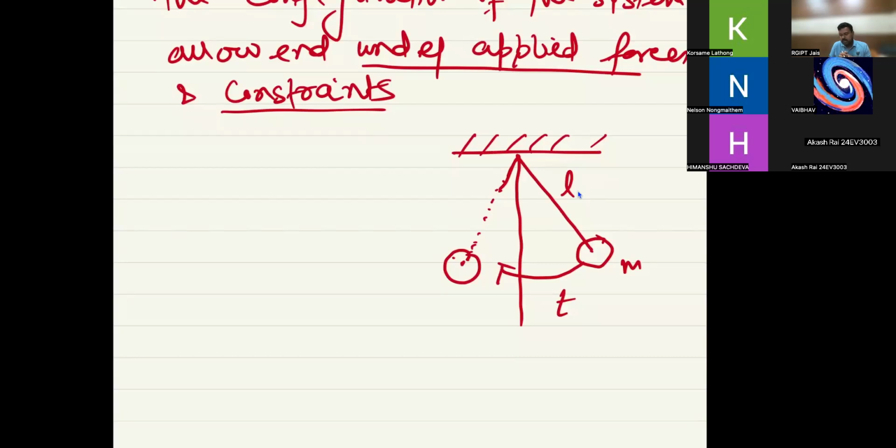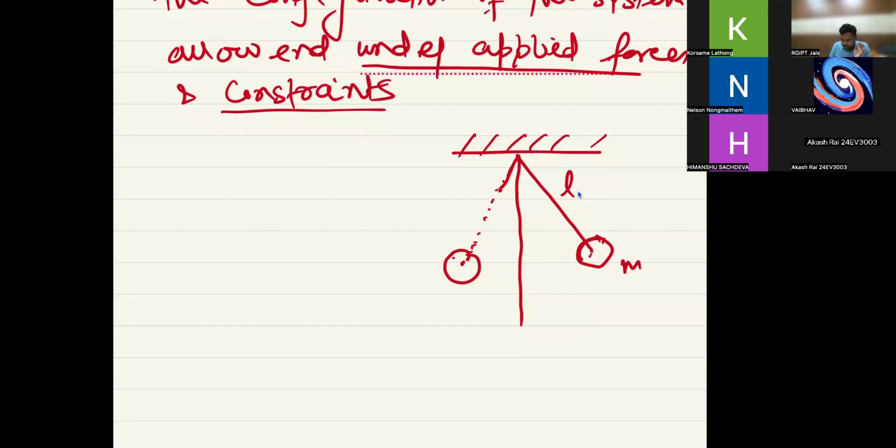But in case of virtual displacement, this displacement will not take any time, because that is basically an imaginary displacement. That is a purely mathematical concept. Also, this is one configuration.